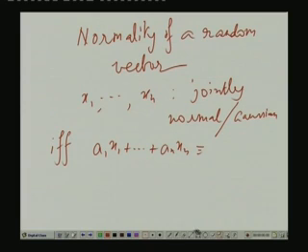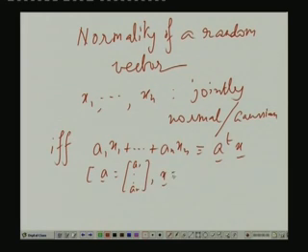You can also write it equivalently as a vector transpose x vector, where a is nothing but a1 to an, and x is as before.